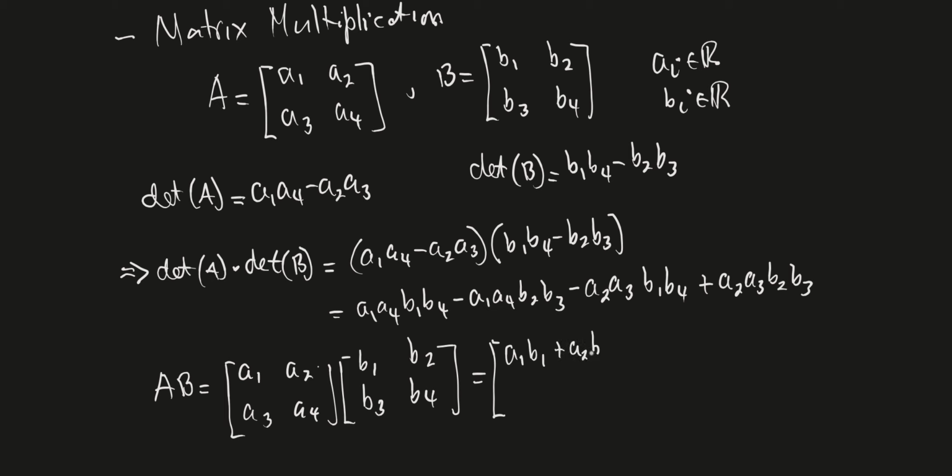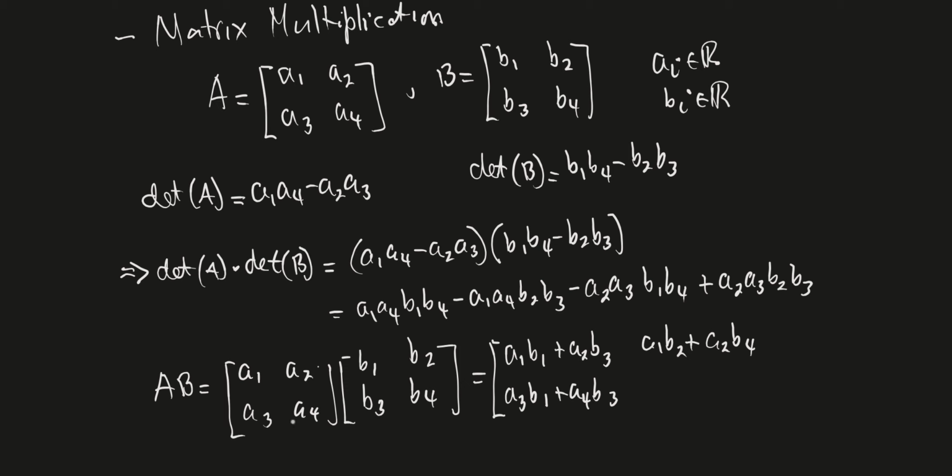This is essentially our process for computing the product of two matrices, but since these aren't specific numbers, we have to keep it general. Then we do the same thing with row 1, column 2: A1 B2 plus A2 B4. Again, not much we can do. Second row, first column, that's A3 B1 plus A4 B3.